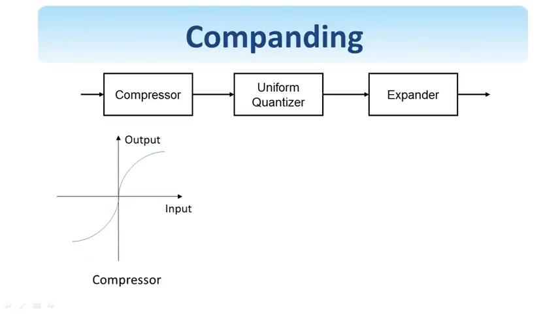The idea of the compressor is to stretch the high probability regions close to the origin and correspondingly compress the low probability regions away from the origin. So this region here is stretched, while this region here is compressed.